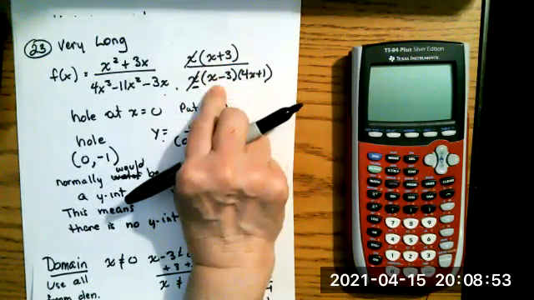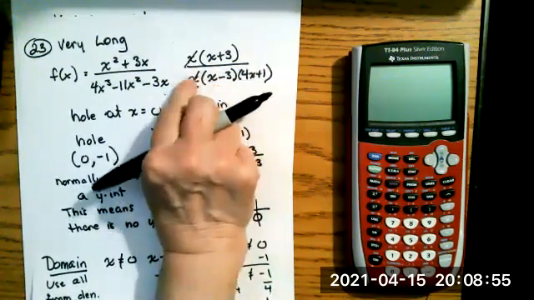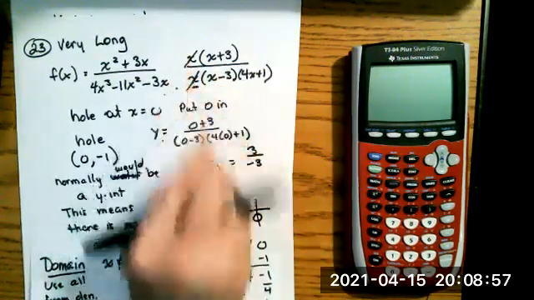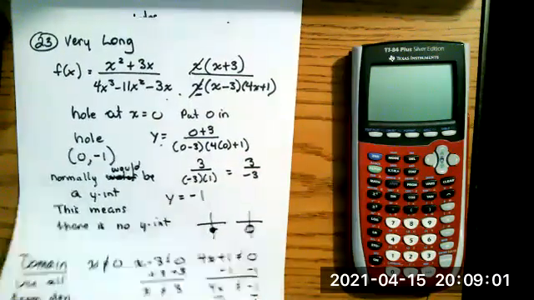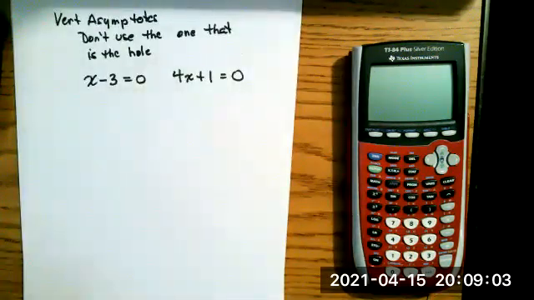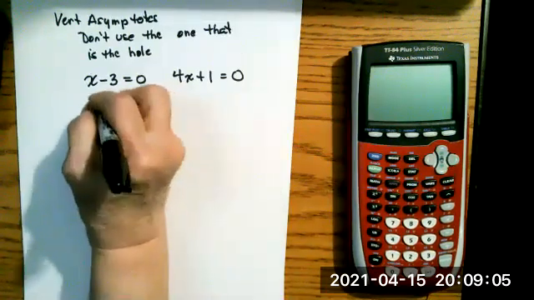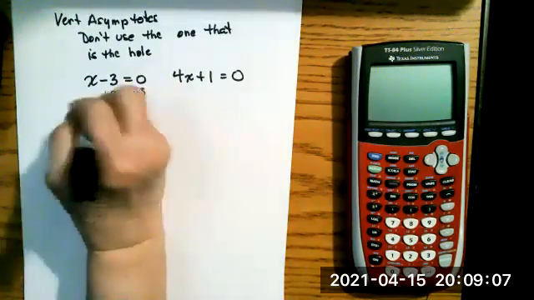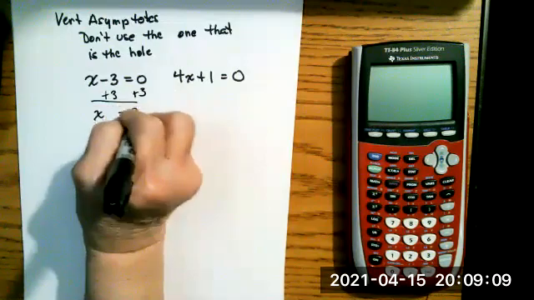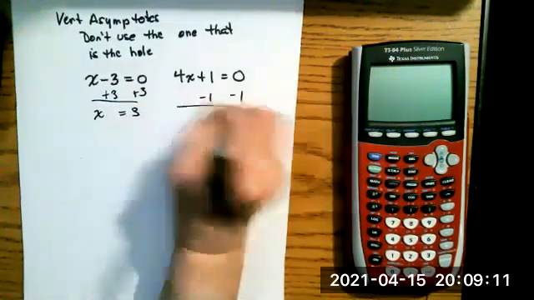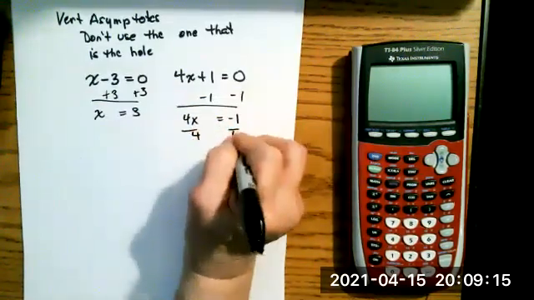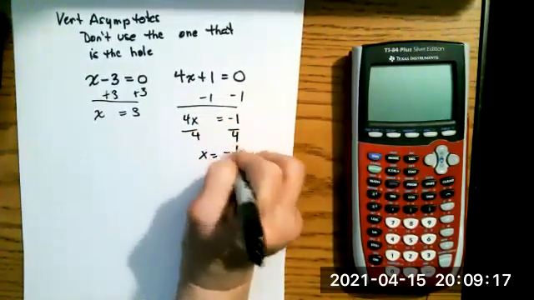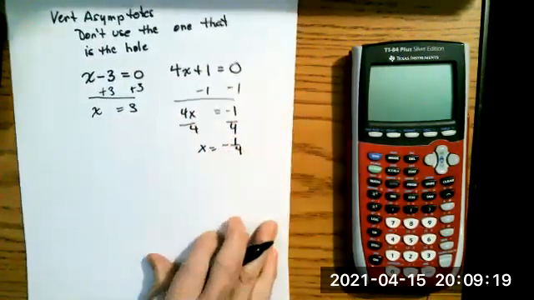Okay, I get it. It's a hole because these canceled. Okay, that's kind of a hard concept. So now we have, for our vertical asymptote, x equals 3 and 4x equals -1. So x equals -1/4. Those are our 2 vertical asymptotes.